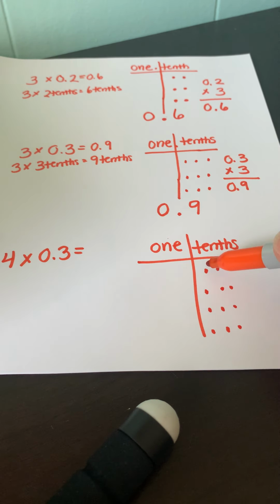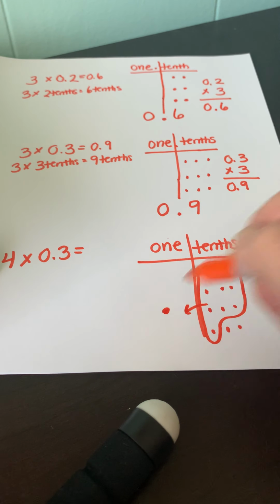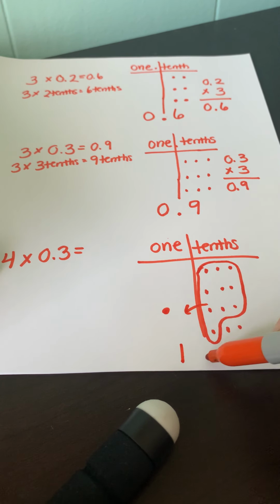Now, here I have 4 times 3/10 gives me 12/10. I would bundle 10/10 and exchange it for a 1. That would leave me with 1 and 2/10.